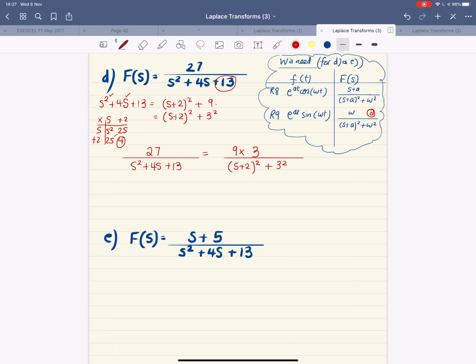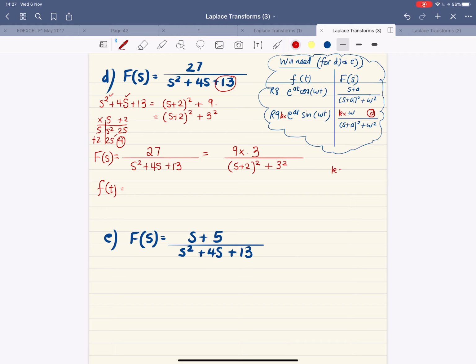So if this is our f of s, our f of t is going to be this right-hand side with a as 2, omega as 3, and an extra constant in the front of 9.